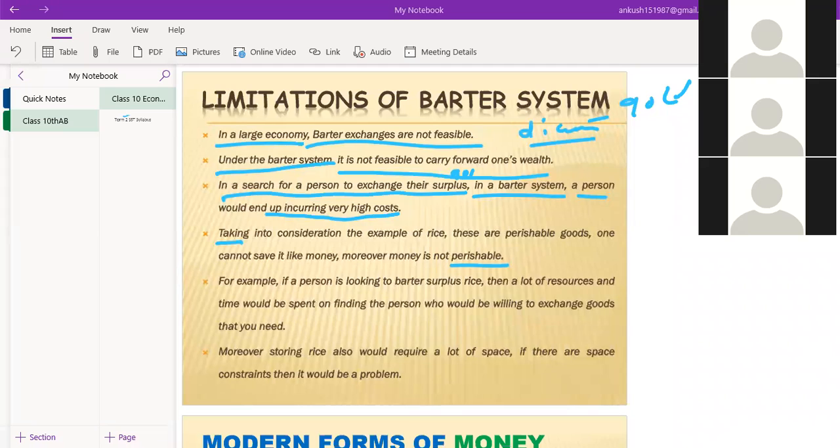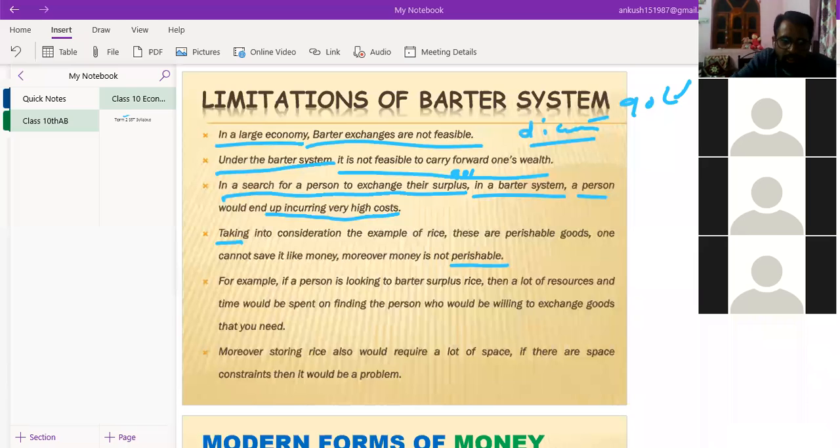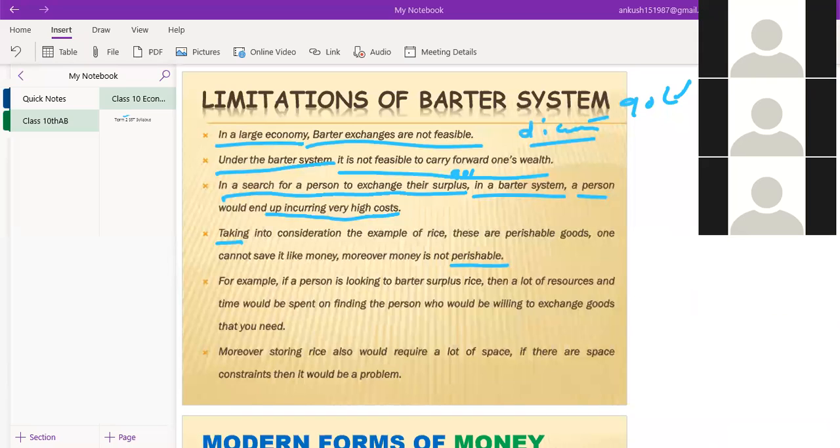Udbhav? Yes, sir. Tushar, are you there? Yes, sir, I'm there. Okay. Anudeep is already there. Adarsh is there. Mohammed is there. Kritika, are you there? You're not speaking a single word.